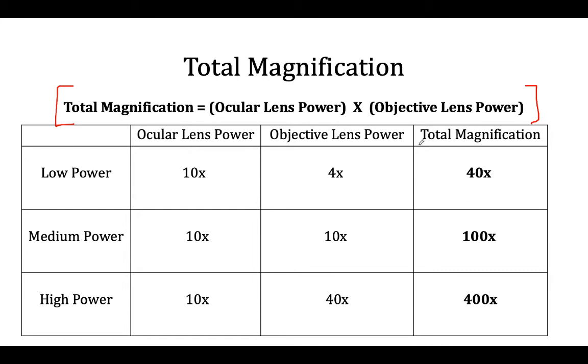If you're finding the total magnification of a microscope and it's on the low setting, you have your 10 times from your ocular power, and you multiply it by your 4 times, which is our objective lens power. This gives you a total magnification of 40 times. Same thing for the other 2 objective lenses as well. If you're on a medium setting, you have 100 times total magnification. If you're on the high setting, you've got 400 times magnification. That's pretty much what I want you to understand about the total magnification of a microscope. It's different for each objective lens power that you're at.